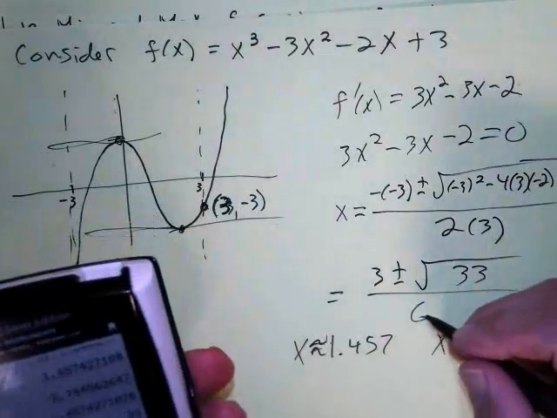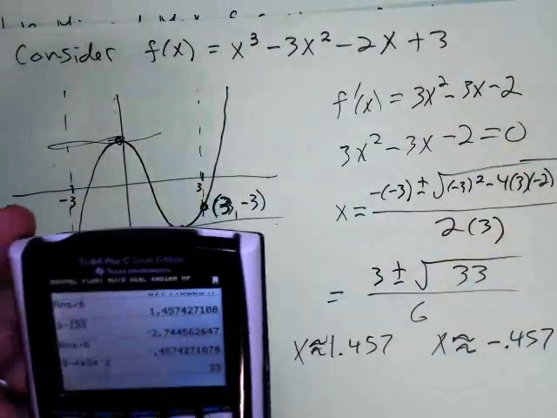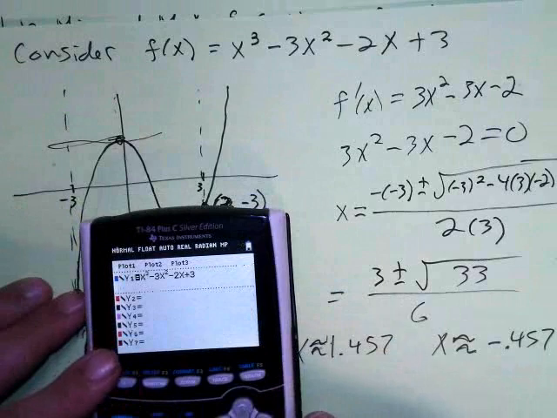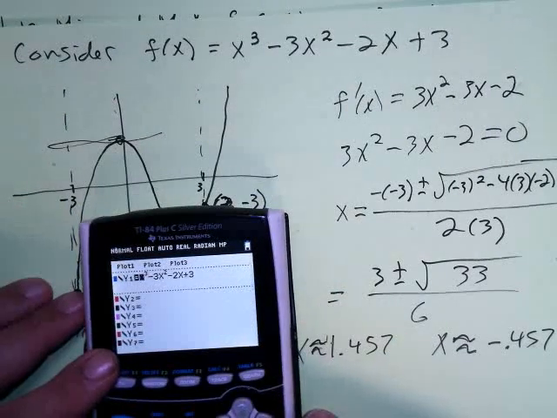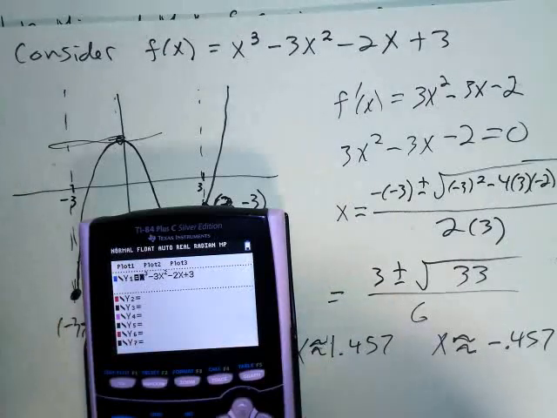Yeah, I get 33, and then I have 6 on the bottom. Maybe I didn't put my equation in right. Yes, I put in my equation right. Oh, I know what I did wrong.